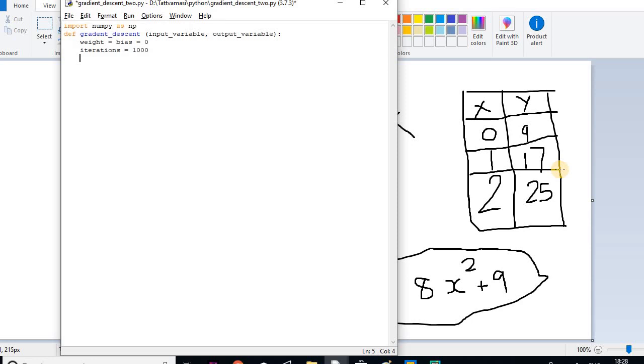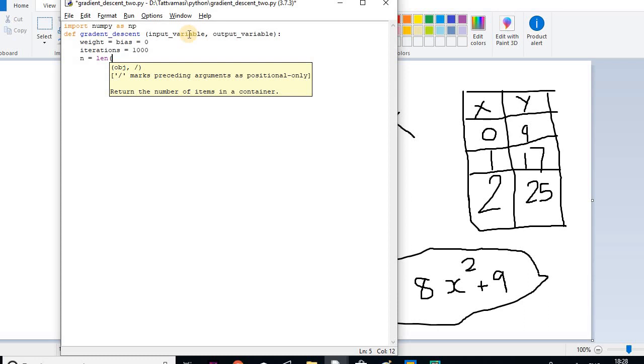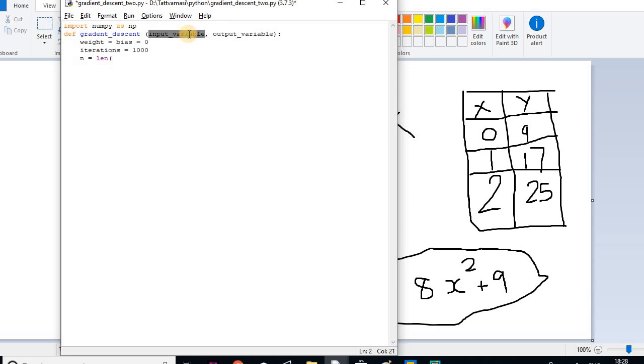Now I need another variable n, which should be the length of the input or output variable, that is, how many rows of data we have. So I am taking n as the length. We will copy the input variable and give it there, so that gives the number of rows of the data. That is the variable n.